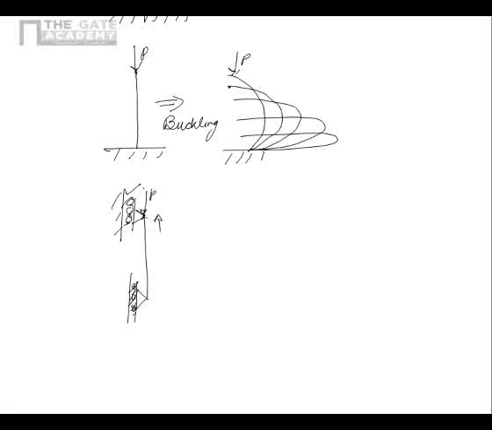If this length is L, the material Young's modulus is E, and the area moment of inertia is I, then the critical force P critical is given by pi square EI upon L square for this case. If P exceeds P critical, then buckling ensues, which means buckling happens.